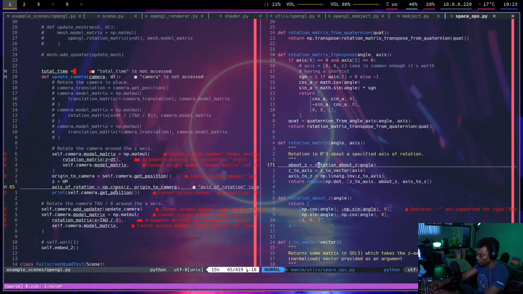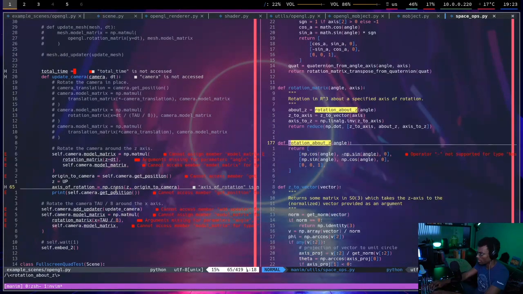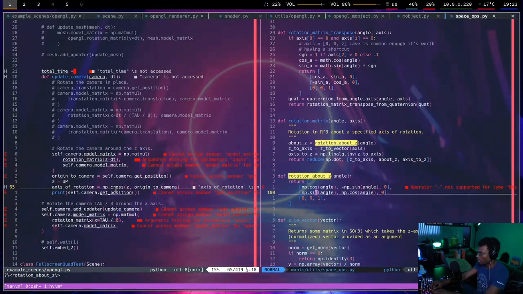Wait. Rotation about Z. Well, this is one problem. This is a 3x3 matrix. And this is using homogeneous coordinates. So I'll probably have to convert this to homogeneous. But it's not clear to me.